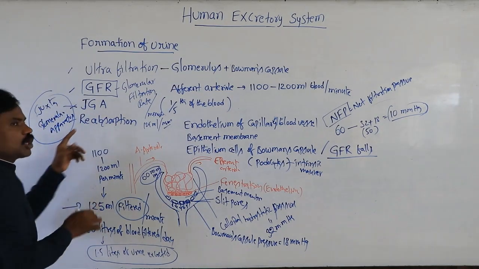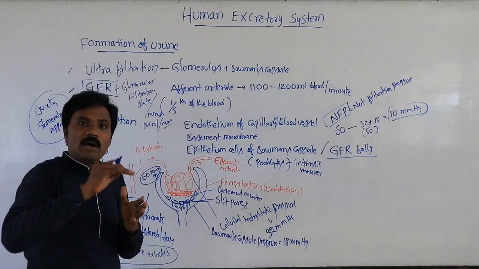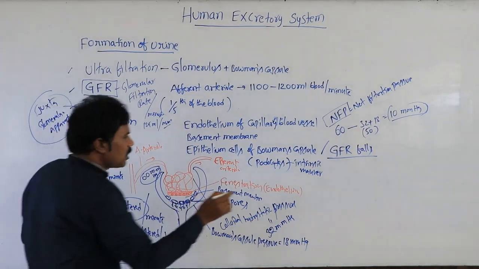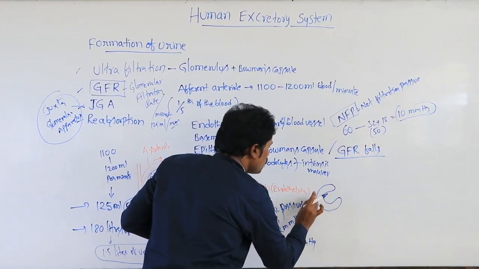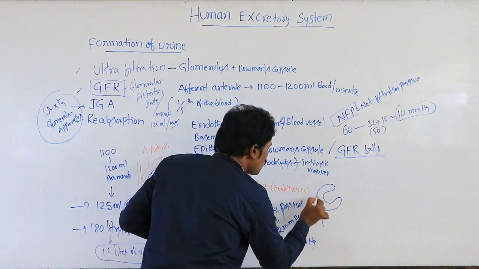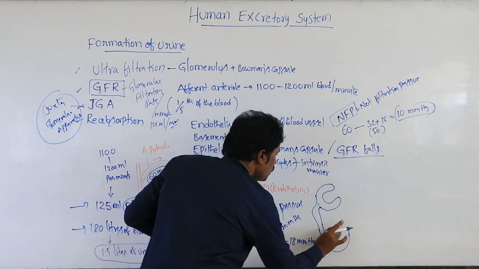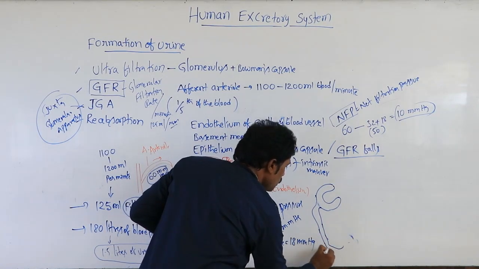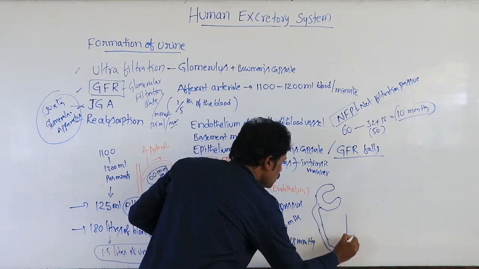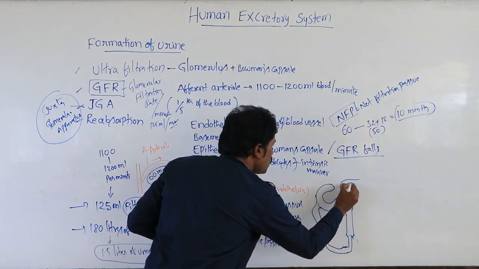Generally, the juxtaglomerular apparatus is formed from the afferent arteriole. Suppose in a rough diagram of the nephron, there is the thin and the thick limb, then the distal convoluted tubule, and again the collecting tubule.